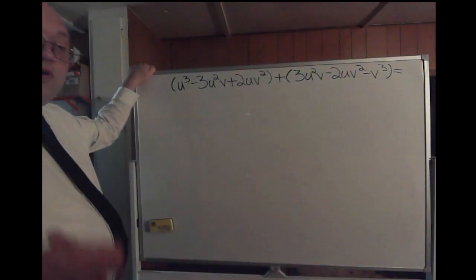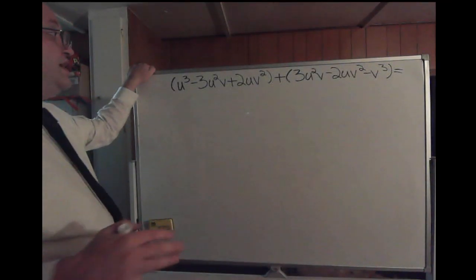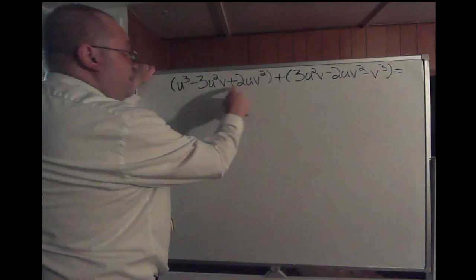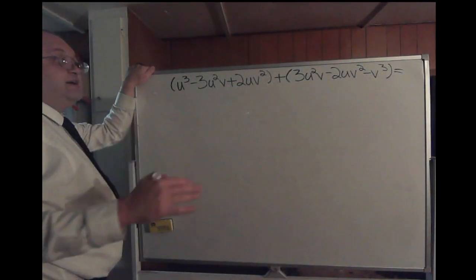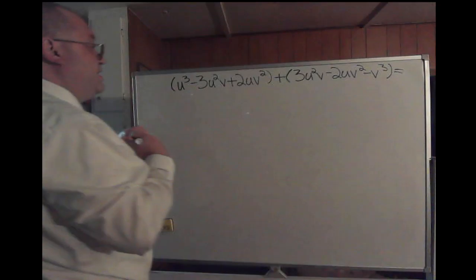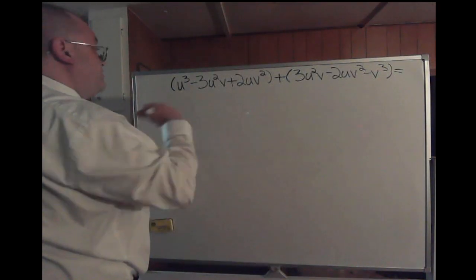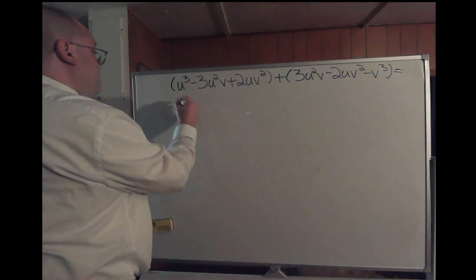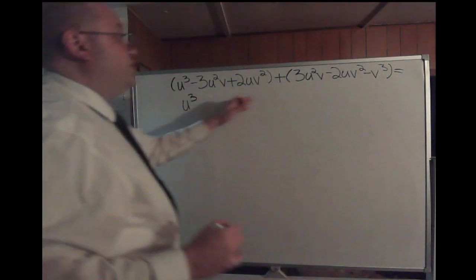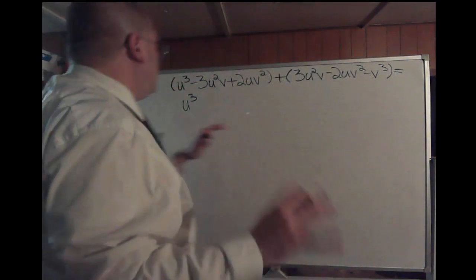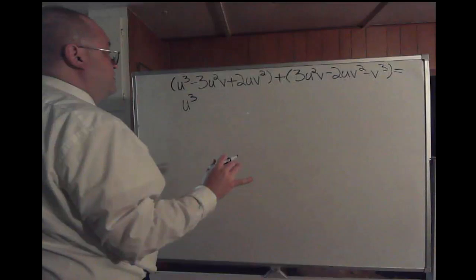Though overall the degree of the monomial is the same, the degree of each variable on that monomial has to be the same. Otherwise it's not a like term. So let me illustrate here. Let's look for u cubed, u to the third. We have u to the third. Do you see any other u to the thirds? You do not. We're done with u to the third.